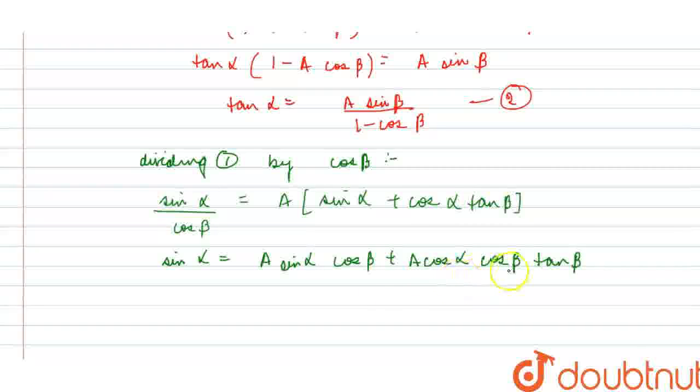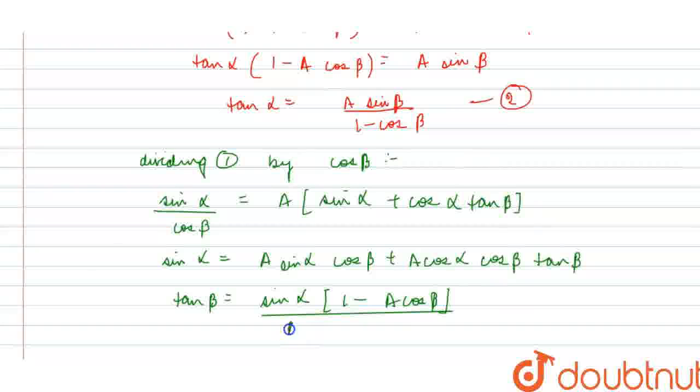Tan beta would be equal to sine alpha, taking common, sine alpha into 1 minus a cos beta in the numerator, and in the denominator I get a cos alpha cos beta. Let it be equation number 3.